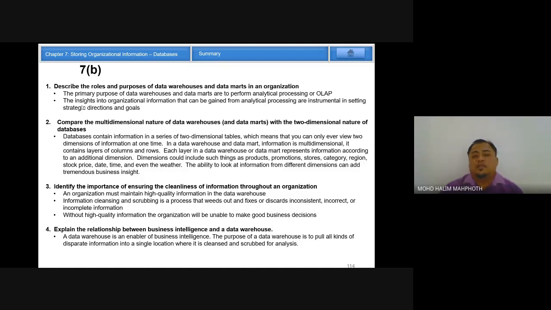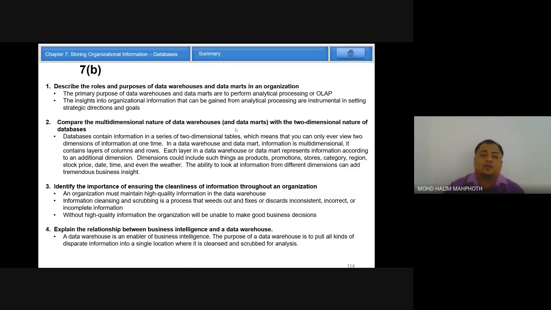The insight into organizational information gained from analytical processing is instrumental in setting strategic direction and goals. The purpose of this organizational information is to pull the data to help our decision making.